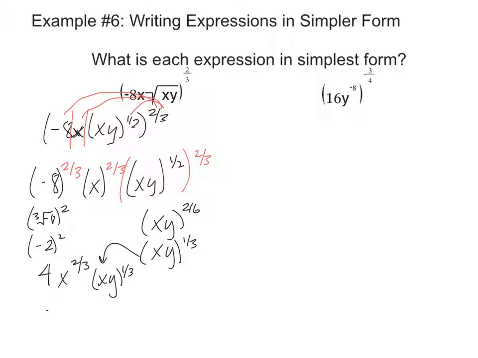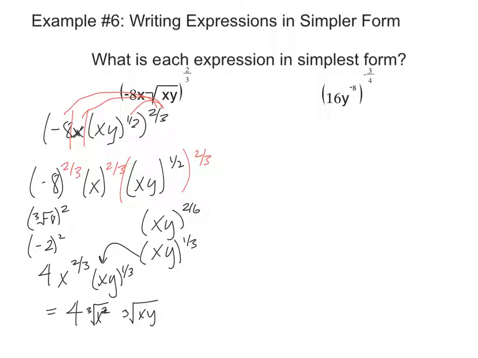So then our final answer, you can either leave it in exponential form or put it in radical form, and that should be 4 the cubed root of x squared, and then, actually we're not done, the cube root of xy.